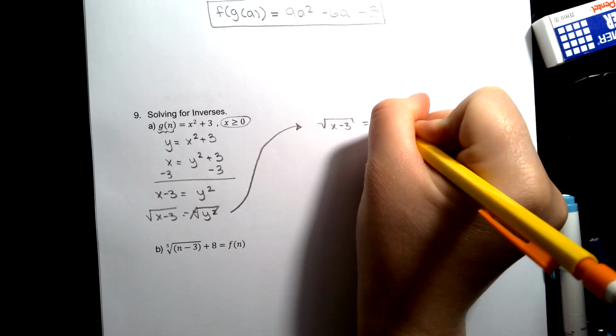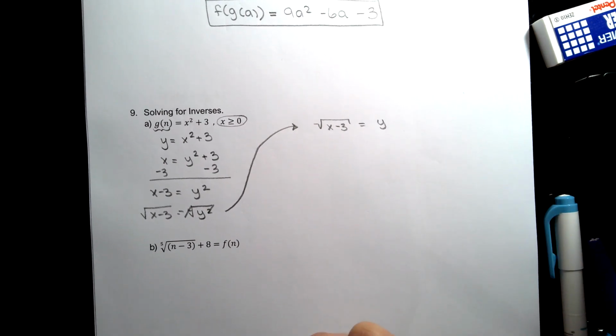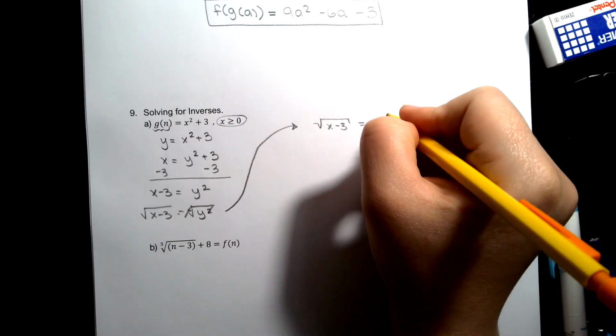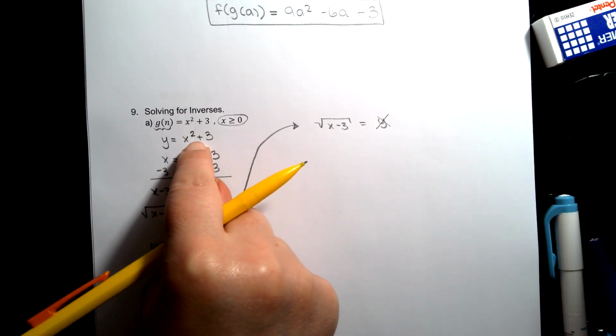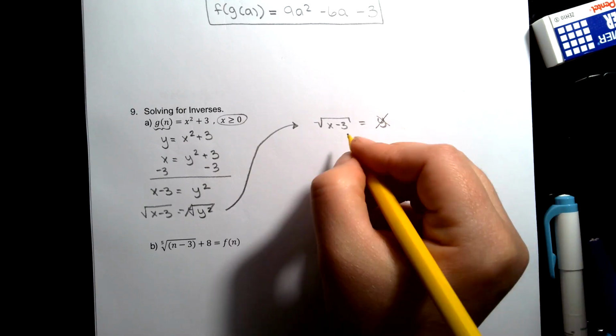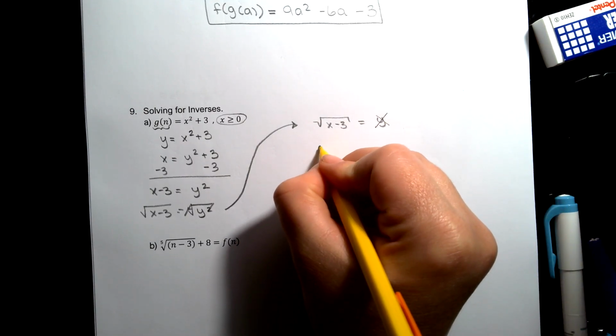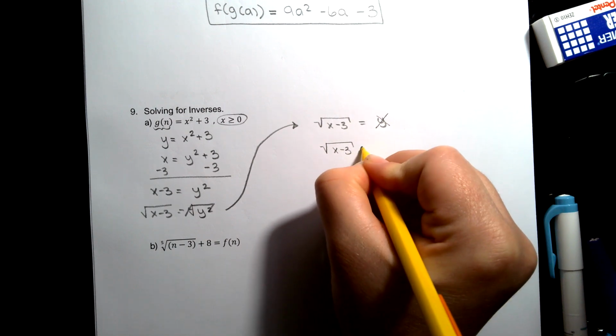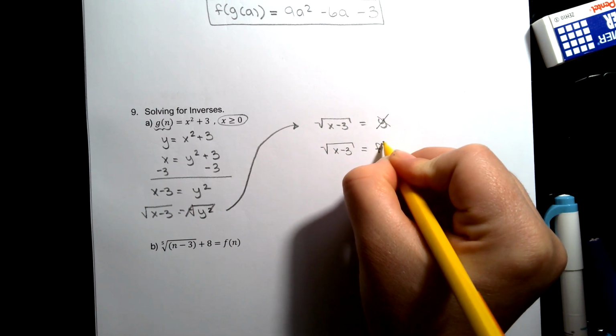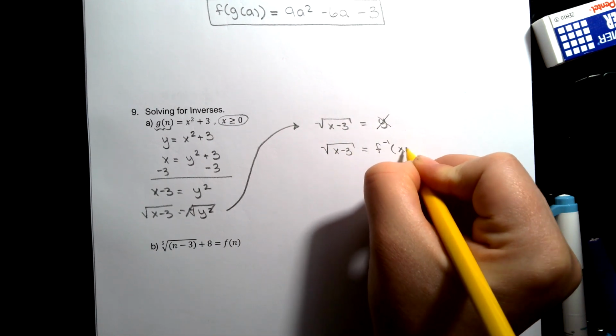So even though this looks like it's equal to y, it's not. We need to cross that out because y already has a value. It's x squared plus 3. It's not whatever this is. So we are writing this in function notation. We have the square root of x minus 3 is equal to f inverse of x.